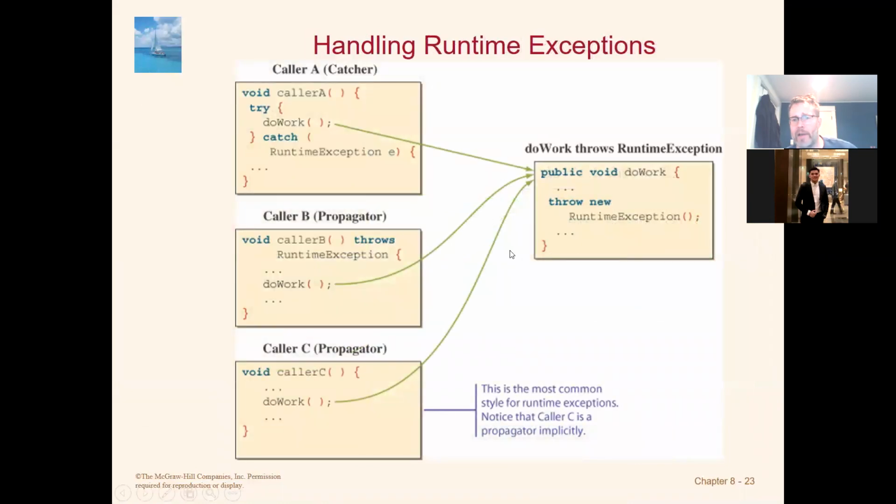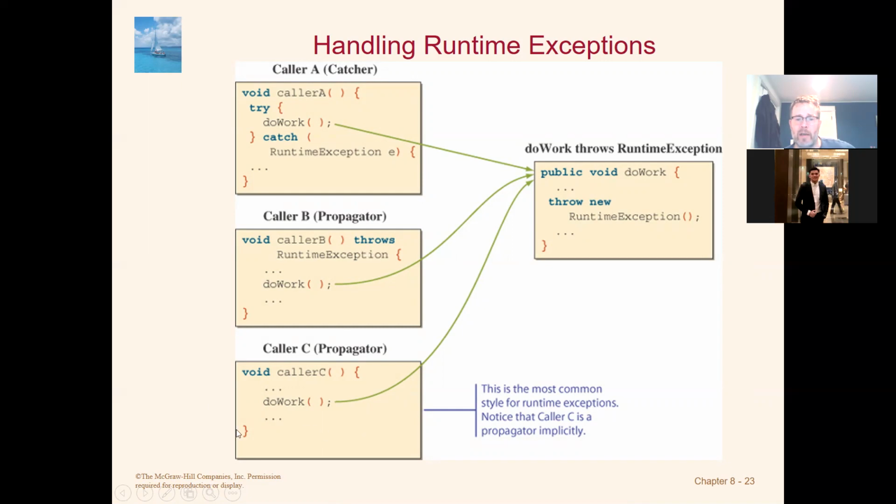Runtime, on the other hand: if it is a runtime exception, you have this second method do work that throws a runtime exception. I could either put that in a try catch block. I could say, okay, I know do work could throw some kind of runtime exception, I want to handle it in this method caller A. Or I could have caller B say, I'm not going to do anything with it, I'm going to pass it onward.